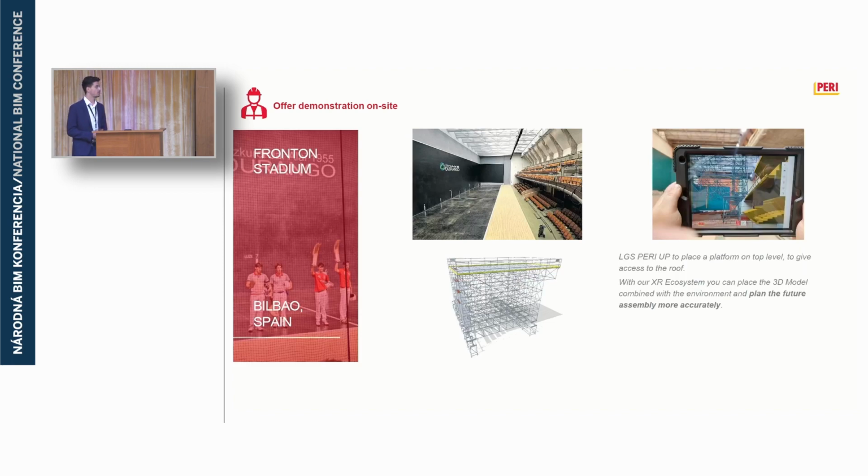I've prepared some use cases that we did in the past. This is a use case from Bilbao, Spain. This is our Fronton stadium. This is kind of like a sports stadium where they play some sports with the ball and this elongated, I think you don't know this, elongated catching glove, and therefore we needed to redo the whole stadium and the roof.